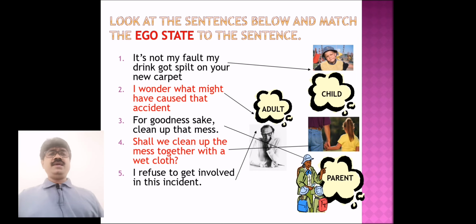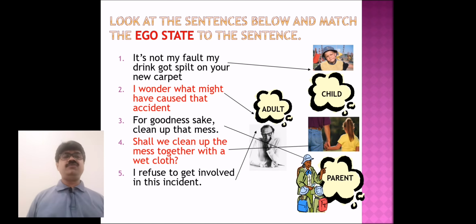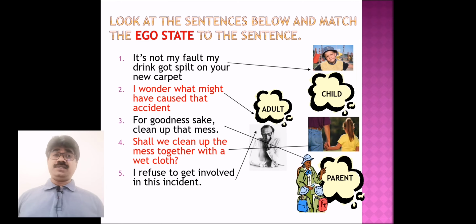Now, these are some examples of behaviors or communications which can be matched to the 3 different ego states. Look at the first sentence: "It's not my fault my drink got spilled on your new carpet."